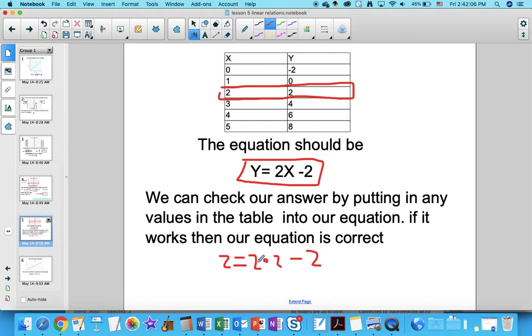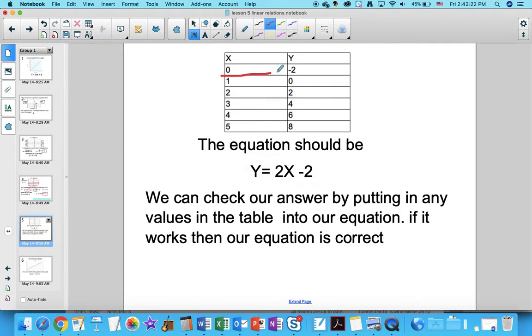We do order of operations. 2 times 2, 4. Minus 2, 2, right? Because 4 minus 2 is 2. It matches, right? We can do it again. Let's do 1 and 0, sure.